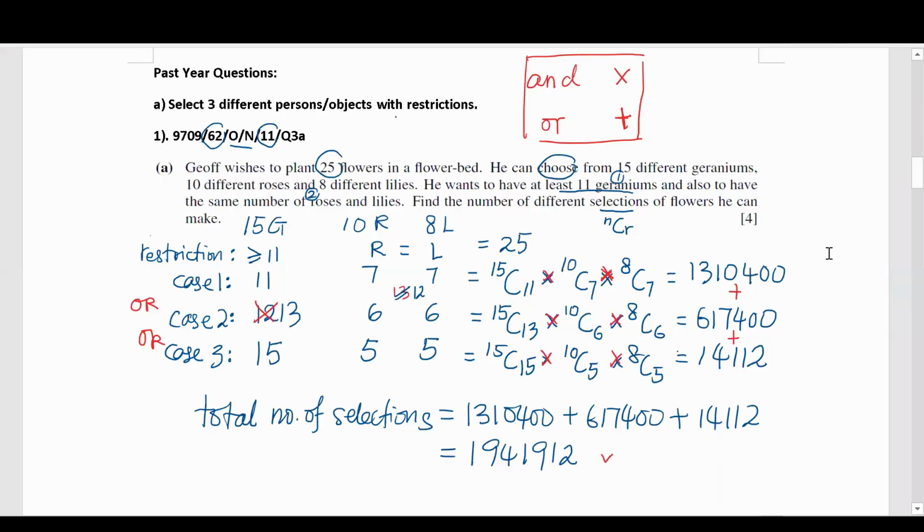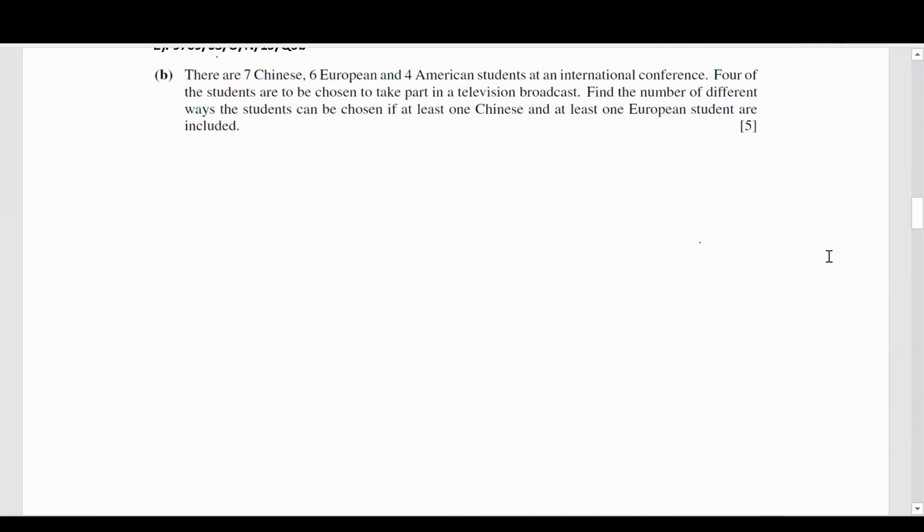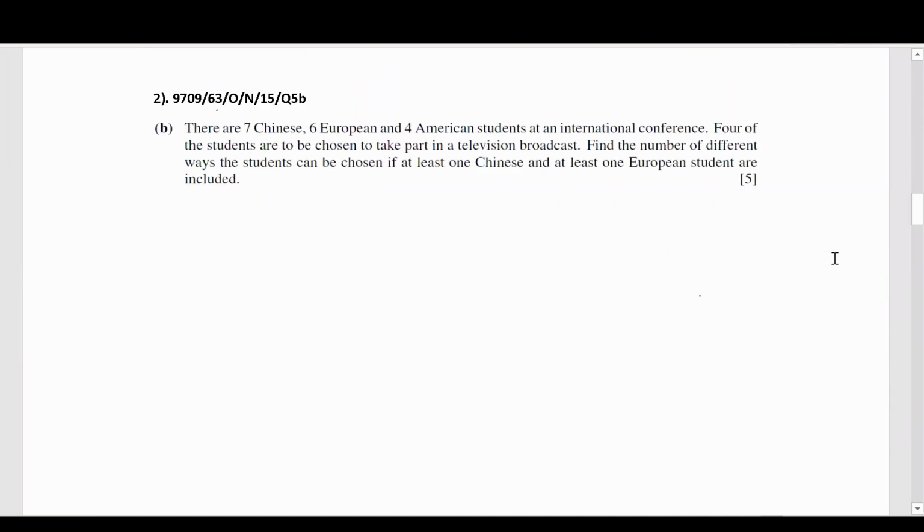Okay, now we continue to look at question 2. So this is a question from October/November 2015, variant 6.3. There are 7 Chinese, 6 European, and 4 American students at an international conference. 4 of the students are to be chosen.